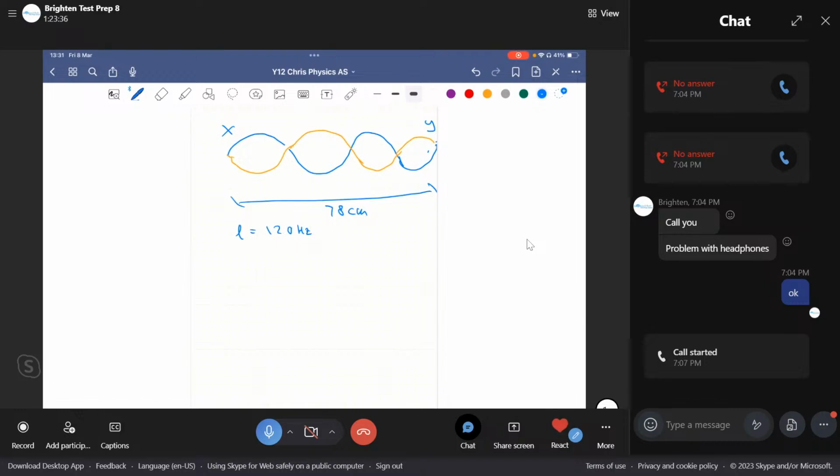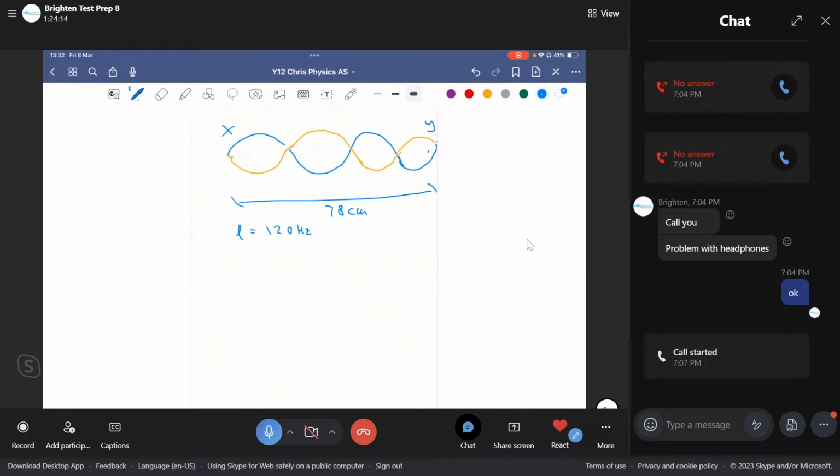So we want to know the speed of the progressive wave. 78 times 10 to the power -2 divided by 2, then times 120.